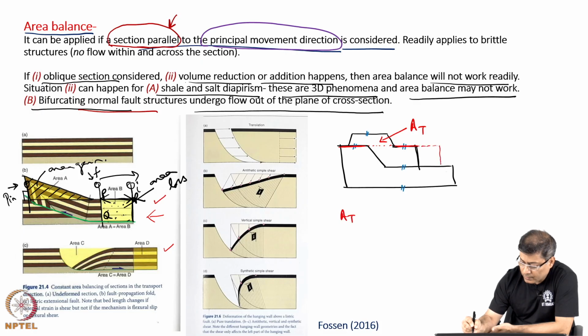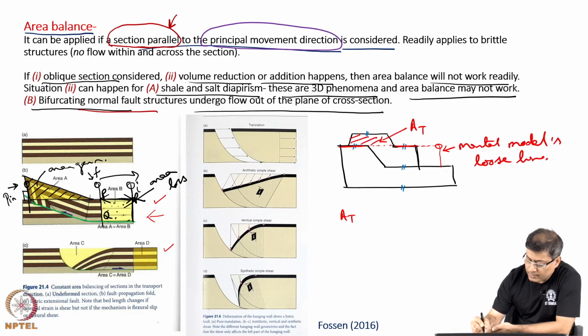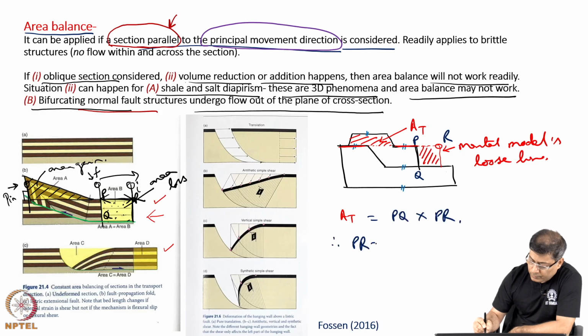Suppose in my mental model this is the loose line, then this area of the trapezoid is the area gain and here is the area loss. Suppose this point is P, this is Q and here is R, then AT equal to PQ multiplied by PR. Therefore, the PR length is equal to AT area divided by the PQ length.